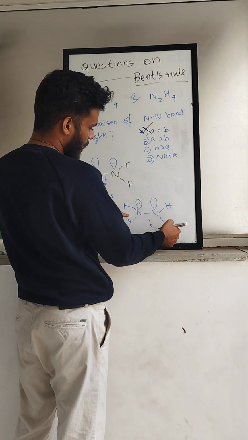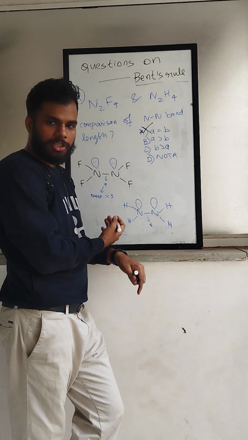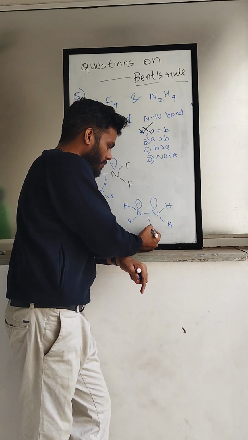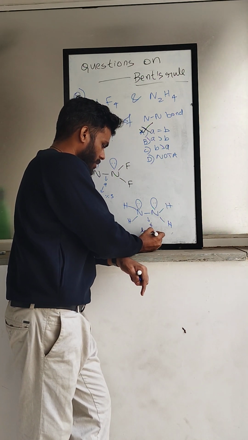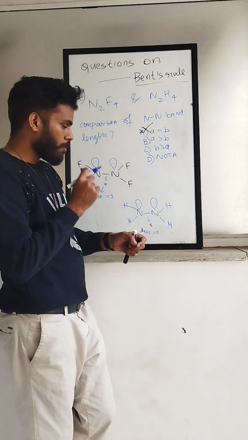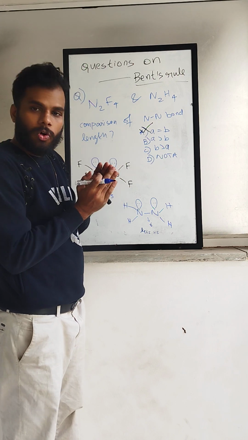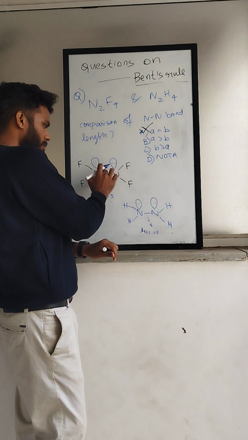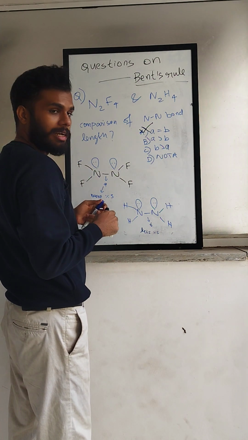Here, because this is hydrogen, it will not force the nitrogen to bring less percentage s character to these orbitals. Because of that, here there is less percentage s character. Now, more percentage s character means a bulkier and shorter bond orbital. So this bond will be smaller. So here B will be greater than A.